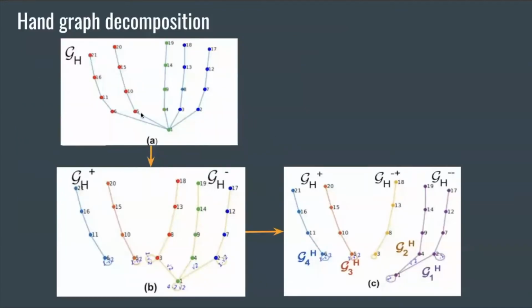So this is our initial hand graph. Once we decompose it, as it is symmetric around this green finger, we get two smaller graphs, but this GH minus is again symmetric in nature around this green finger, and further decomposition is possible. And this is the final outcome. So we basically get four smaller graphs.